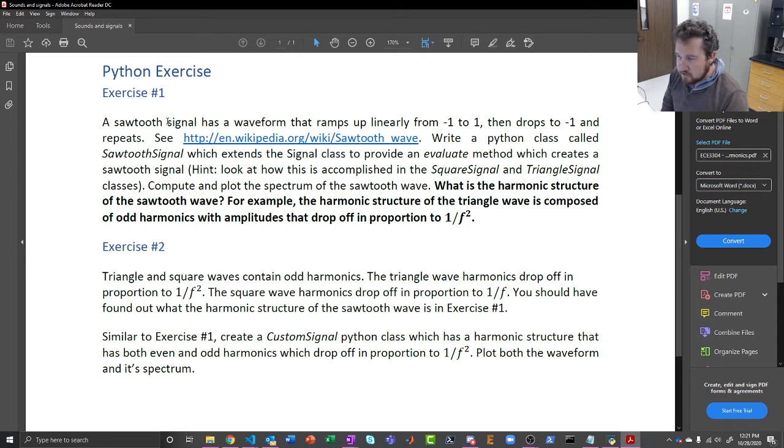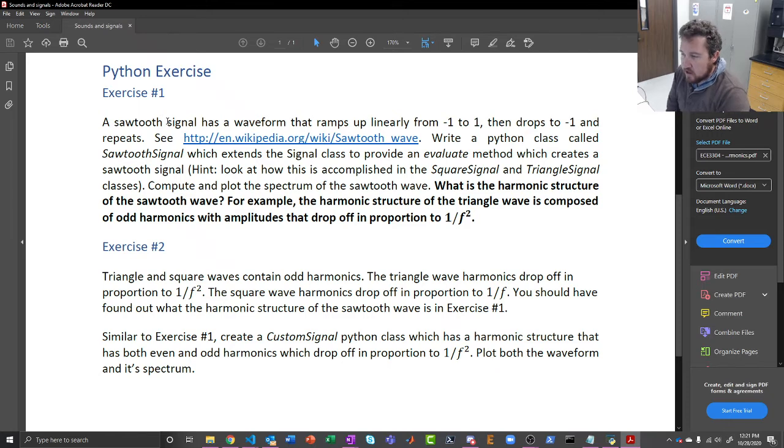And then exercise 2 says that we already just saw that triangle waves and square waves contain odd harmonics. The triangle wave harmonics drop off in proportion to 1 over f squared. The square wave harmonics drop off in proportion to 1 over f. And when you did exercise 1, you should have found out what the harmonic structure of the sawtooth wave is.